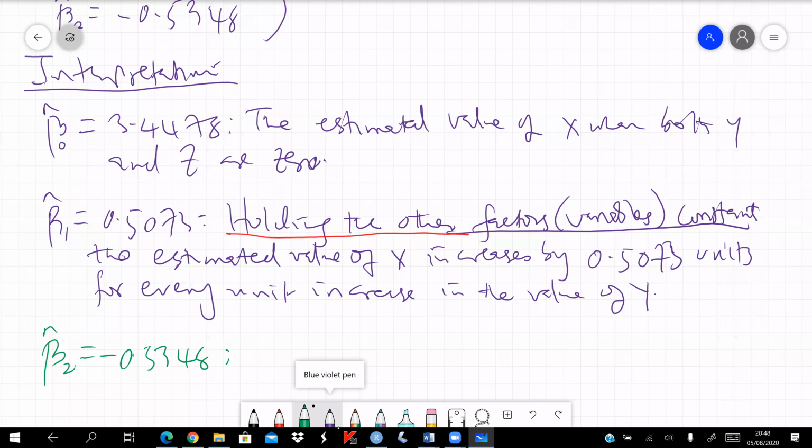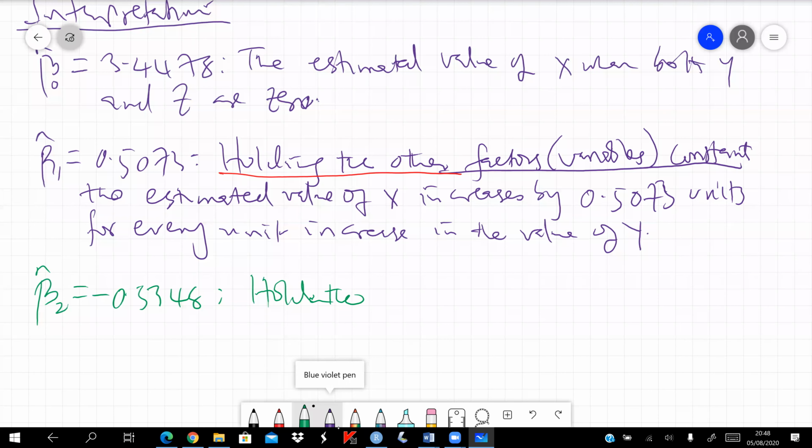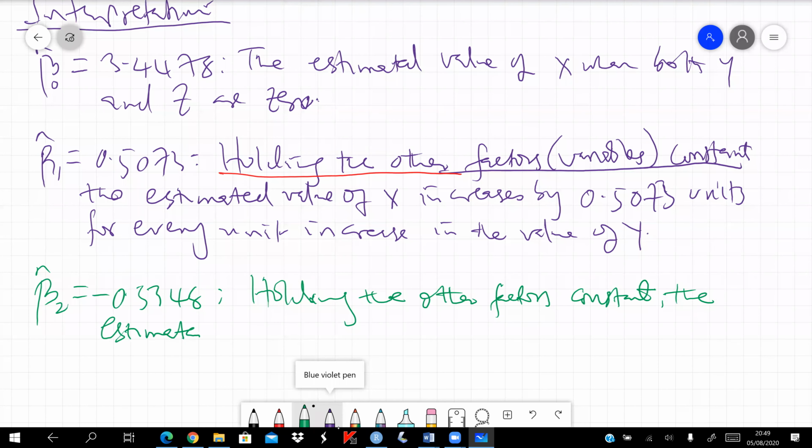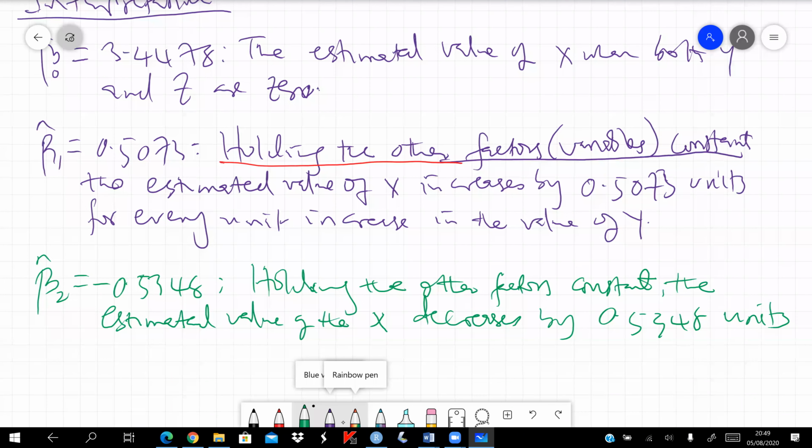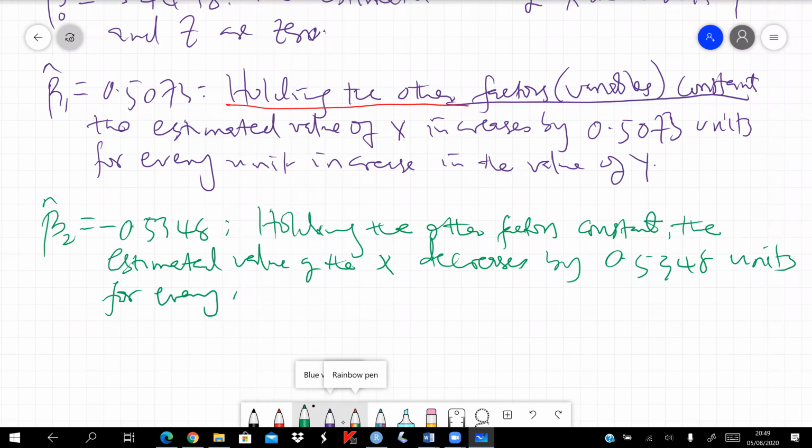This means that holding the other factors constant, we say the estimated value of x, the dependent variable, decreases by 0.5348 units for every unit increase in the value of z.